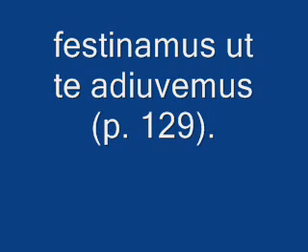Is ut plus subjunctive. Ut followed by adiuvemus. Well, you know adiuvare is first conjugation. By golly, we have an E, so it must be subjunctive. There it is. Do you see? You're expecting A for present indicative. You get an E. It's present subjunctive.